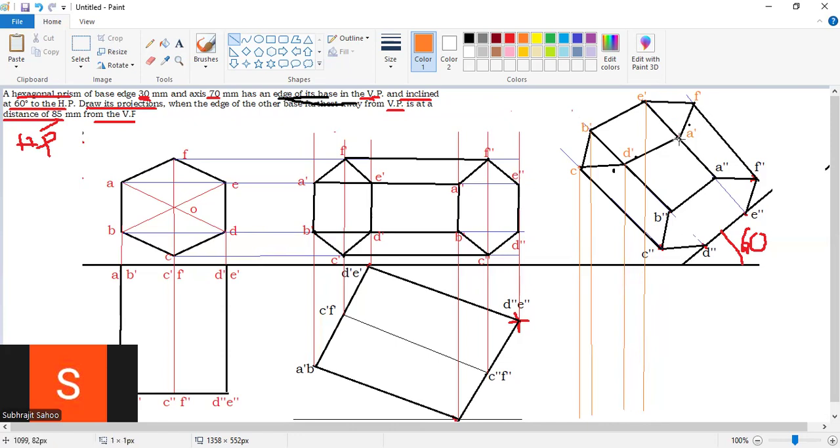Like this, vertical lines you have to draw. Okay?